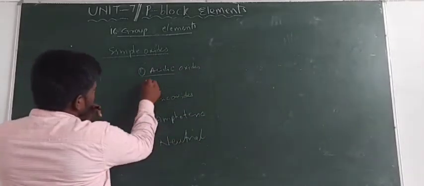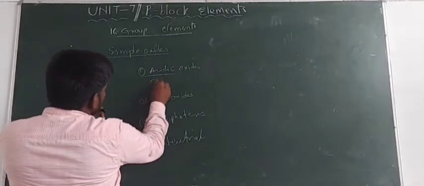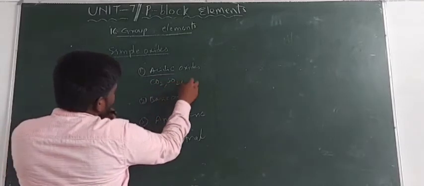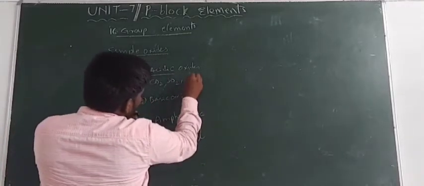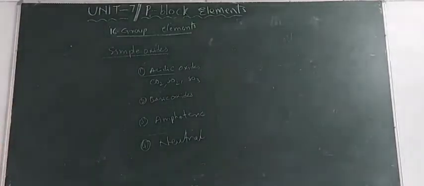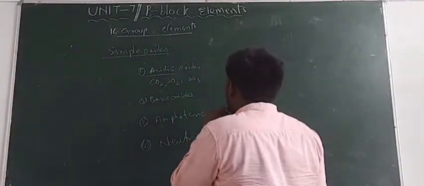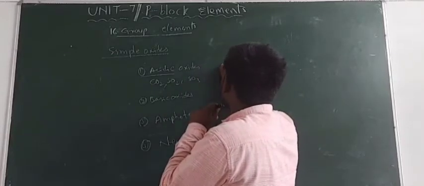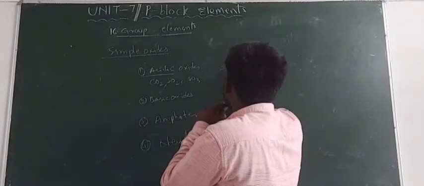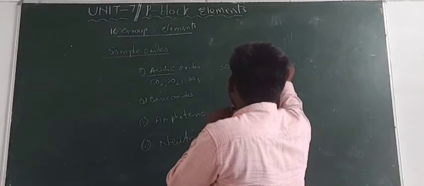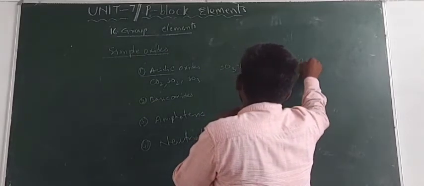Examples here are CO2, SO2, and SO3. These are acidic oxides, because when you dissolve them in water they give the respective acids. For example, SO3 dissolved in water gives sulfuric acid, H2SO4.